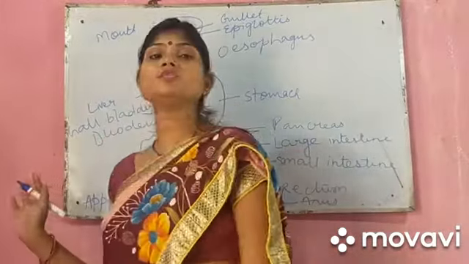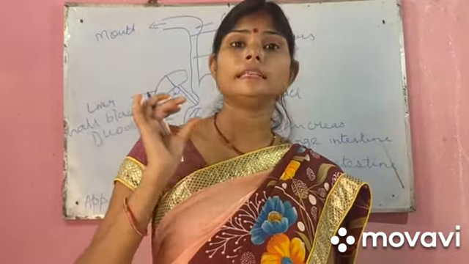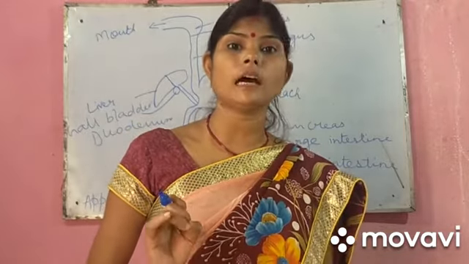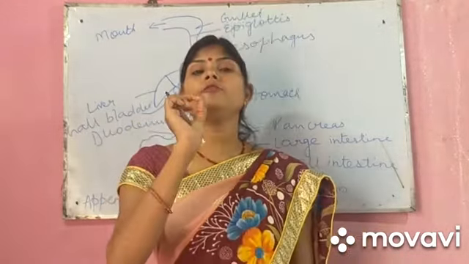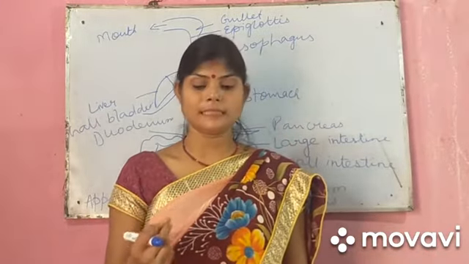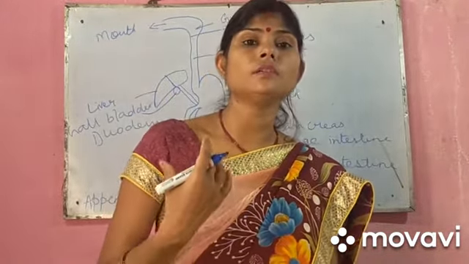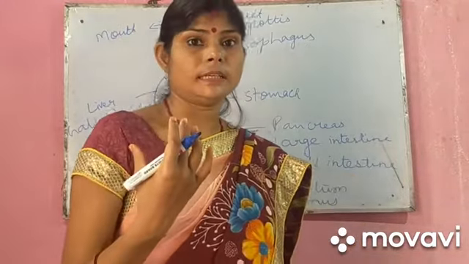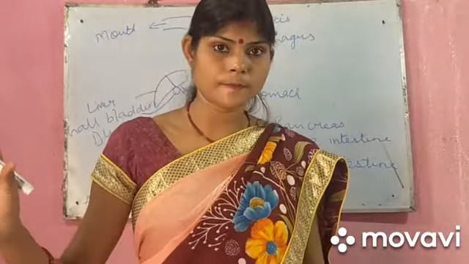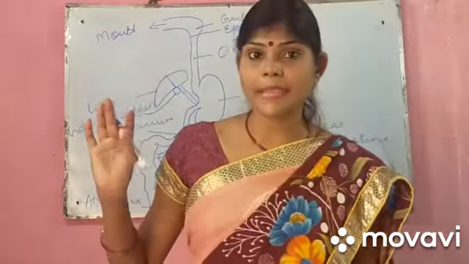So the appendix has no role in the digestive system, but it is a part of our digestive system as it is located at the base of the large intestine, and if any food particles enter it, the size of the appendix, the vermiform appendix, increases and it creates trouble. So the doctor, by the surgical method, means by the method of operation, removes this part from our body so that we don't suffer from any type of abdominal pain.